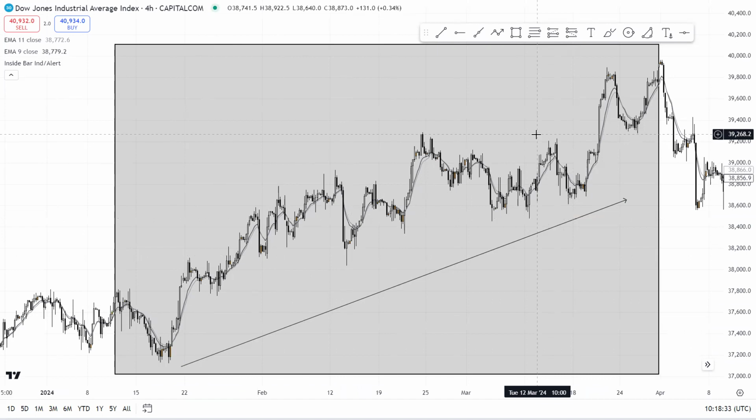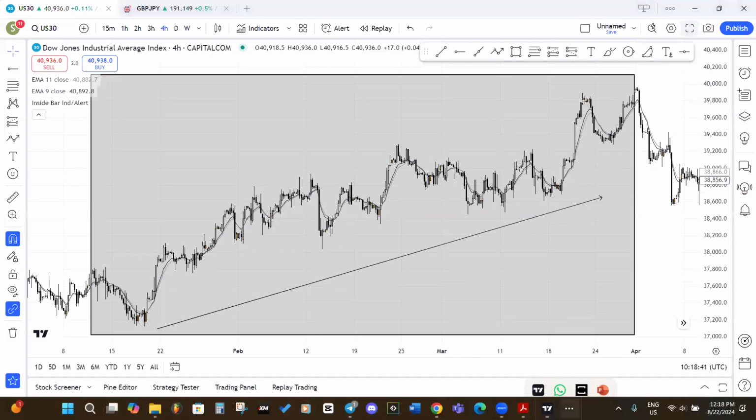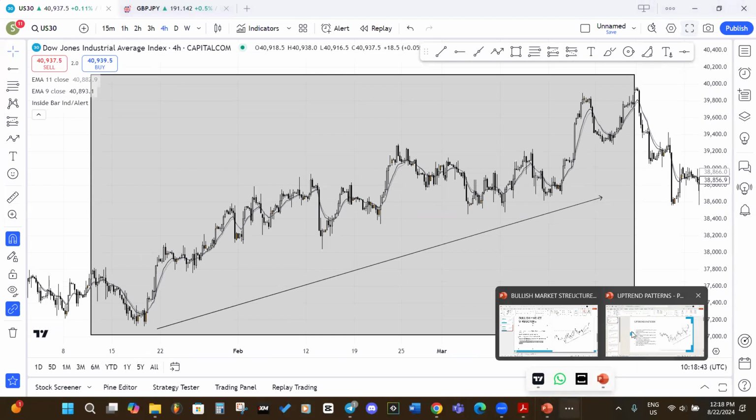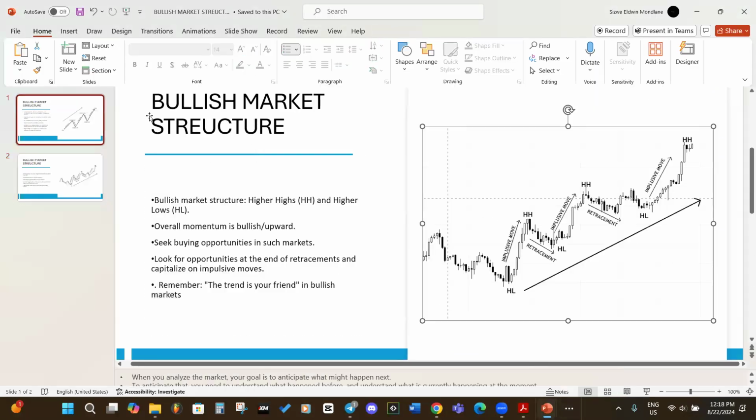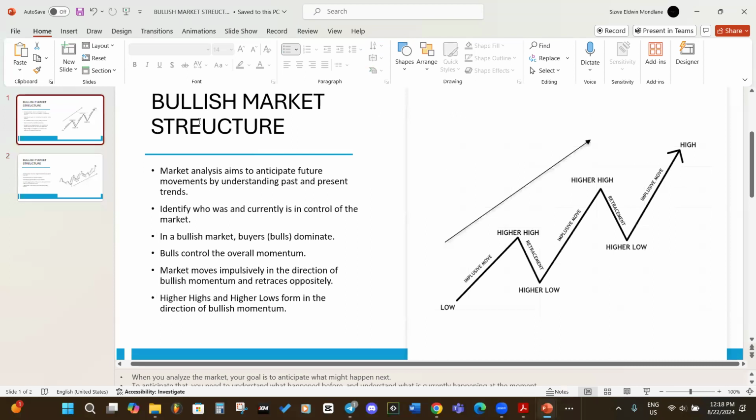So again, if you see something like this, you want to be looking for buying opportunities when the market retraces. One thing I forgot to talk about in these slides is this, but we'll also talk about this when we do technical analysis. Just like I said, when we're in a bullish market structure, you want to be looking for buying opportunities.